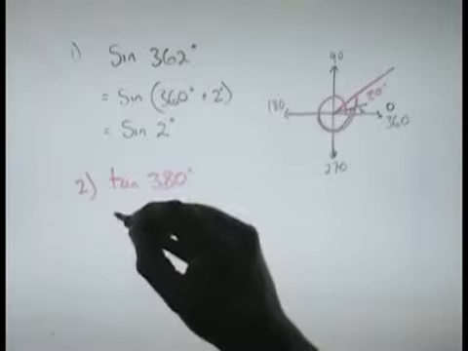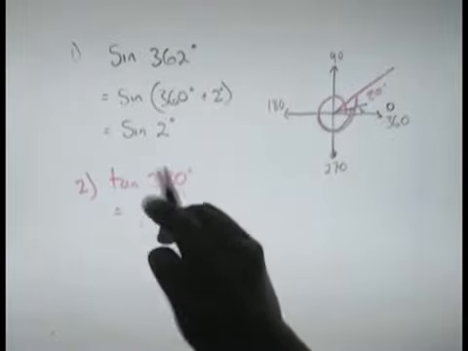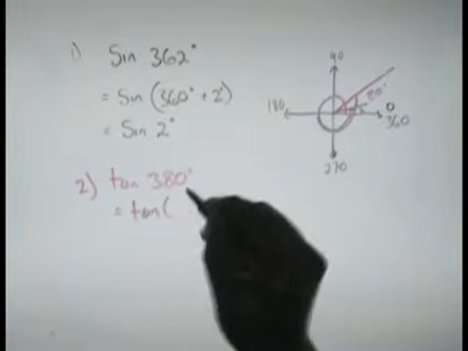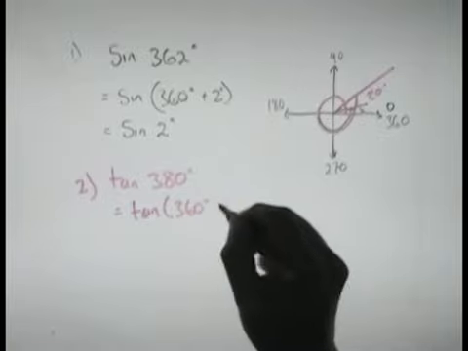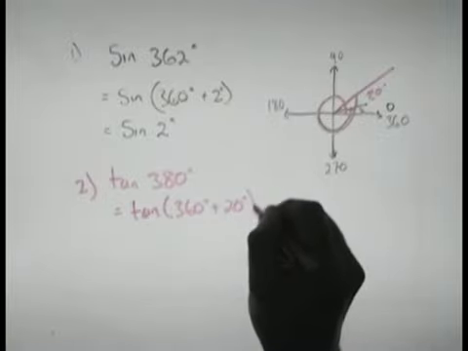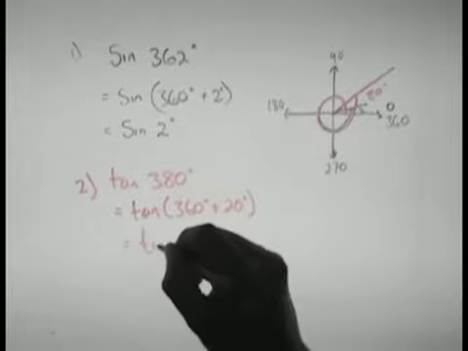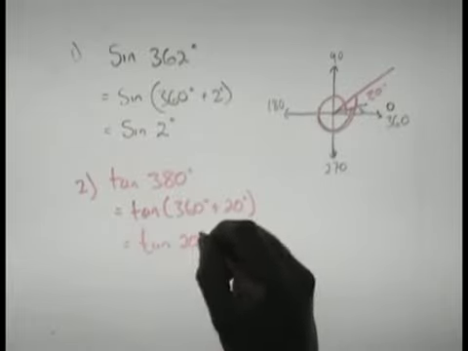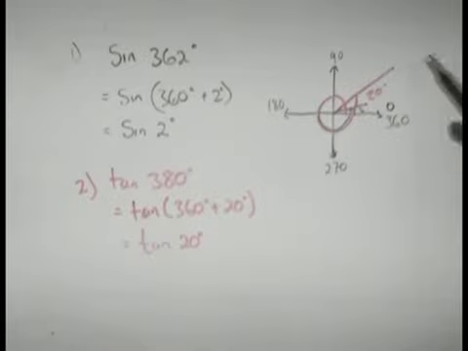That means that tan of 380 is the same as tan of 360 degrees plus 20 degrees, which is equal to positive tan of 20 degrees, because 380 falls in the first quadrant and tan is positive in the first quadrant.